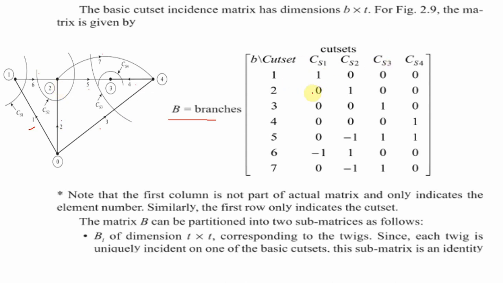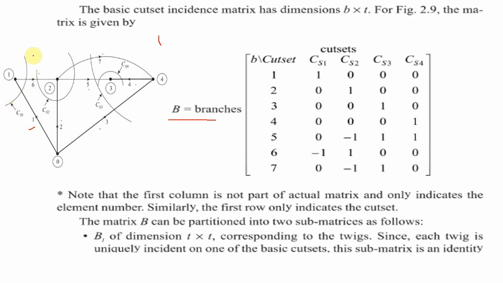And what is the condition to form the cut set? How do we decide this will be a cut set, this will be a cut set? This is decided on the basis of the conditions. While forming the cut set, there should be only one twig and a number of links. Generally we form such cut sets so that they cut only one twig, right?